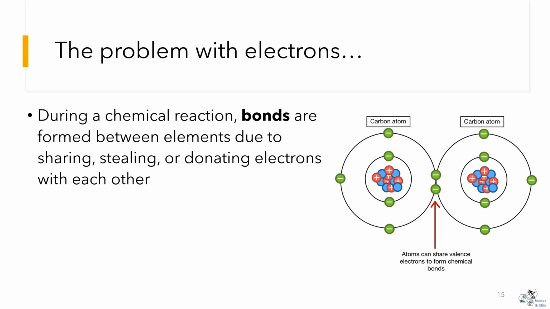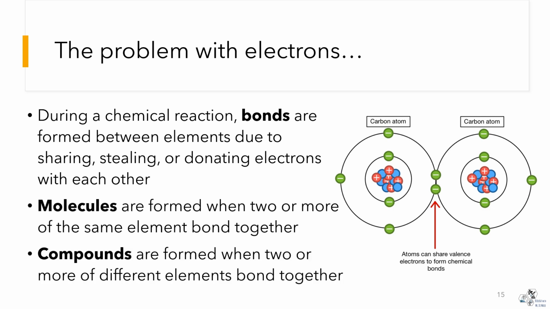Sometimes that's because they share the electrons together. Sometimes it's because one atom will completely lose electrons and give them up to the other atom, and then they'll have a positive and negative attractive force with each other. But basically, that interaction between the atoms is called a bond.